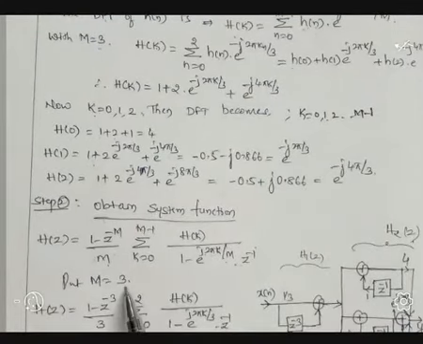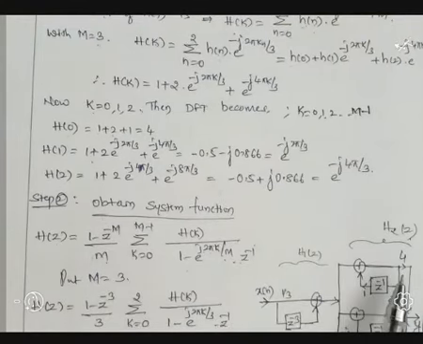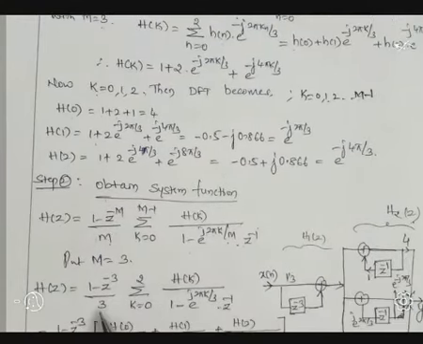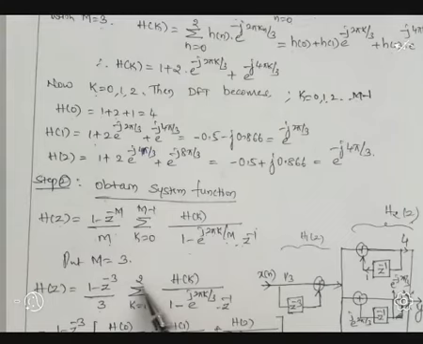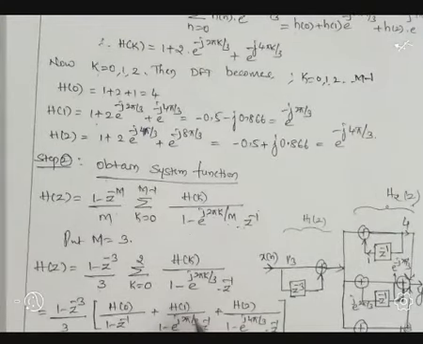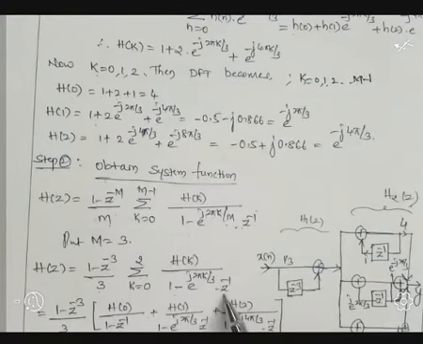Wherever M is there, substitute 3. So that is 1 minus z to the power minus 3 divided by 3, summation k equal to 0 to 2 of H of k divided by 1 minus e to the power j 2 pi k by 3 multiplied by z to the power minus 1.